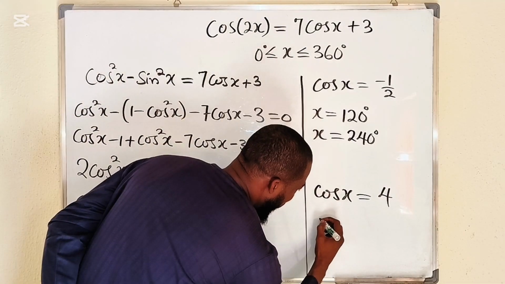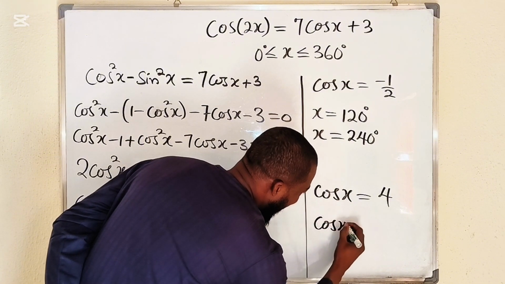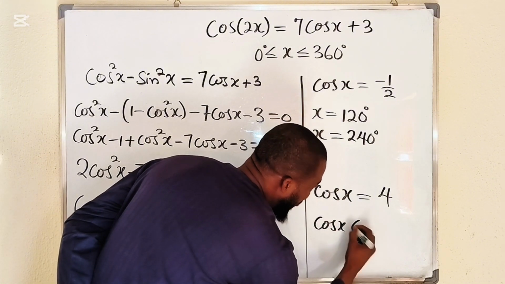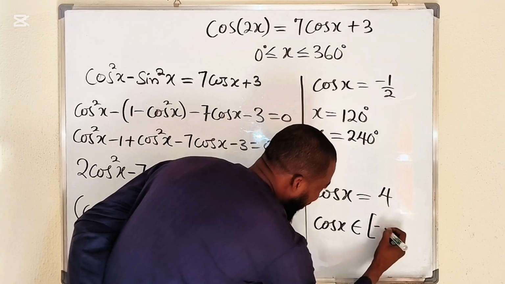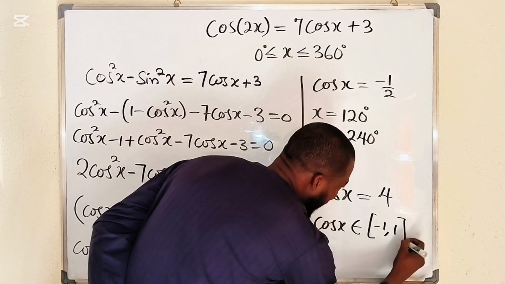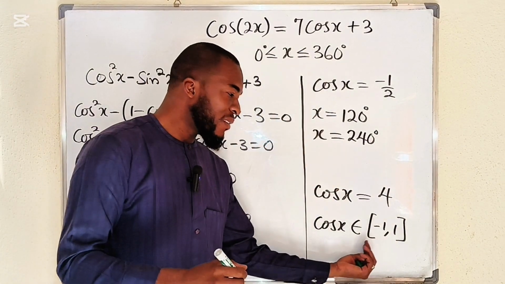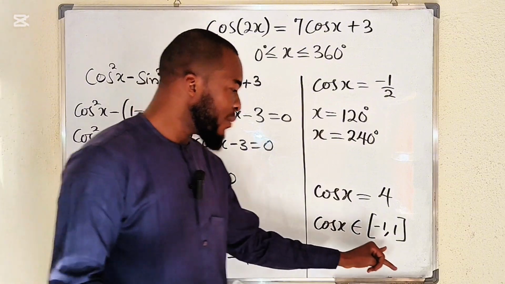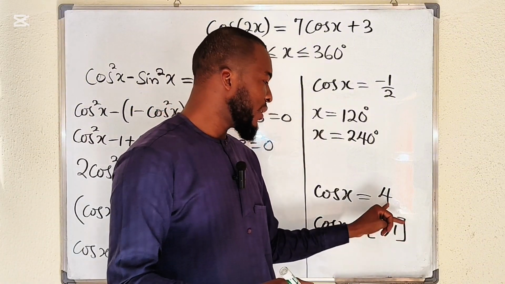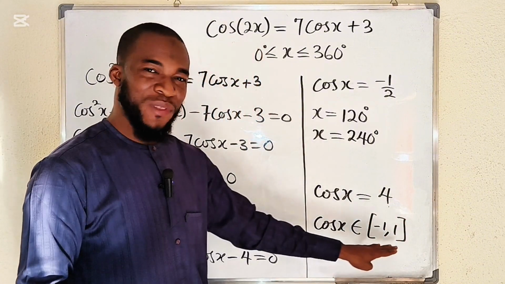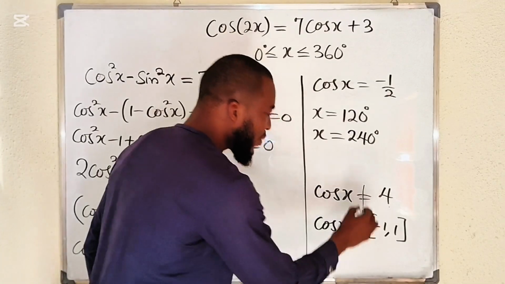The value cosine can return must be within this limit, -1 down to 1. It will never be less than -1, and it will never be greater than +1. But this 4 is not within the range. Therefore, this is not possible.